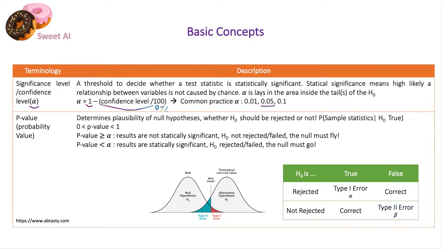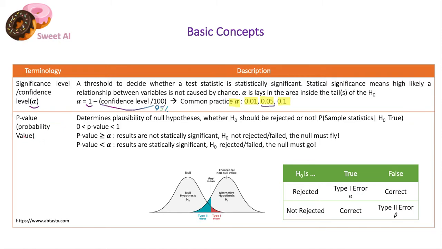These are the common practice alphas that we use: 0.01, 0.05, and 0.1, which are going to be 99%, 95%, and 90%.